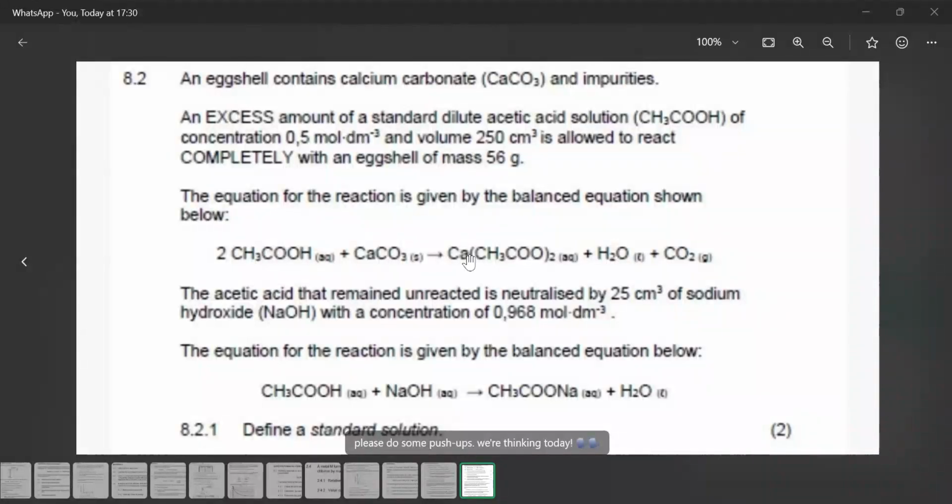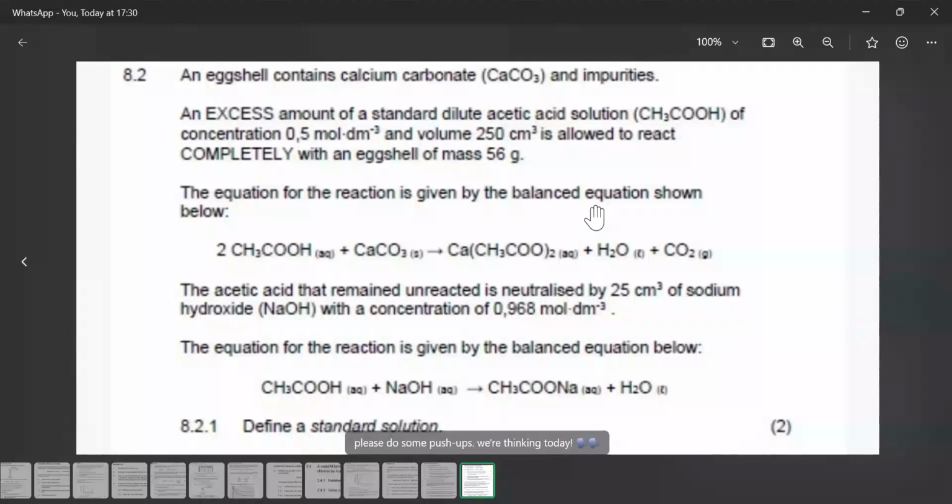Okay. The equation for the reaction is given by the balanced equation below. Now, the acetic acid that remained unreacted is neutralized by 25 cubic centimeters of sodium hydroxide having a concentration of 0.968 mole per cubic decimeter. And this is the balanced equation for that reaction as well. Well, that's awesome.